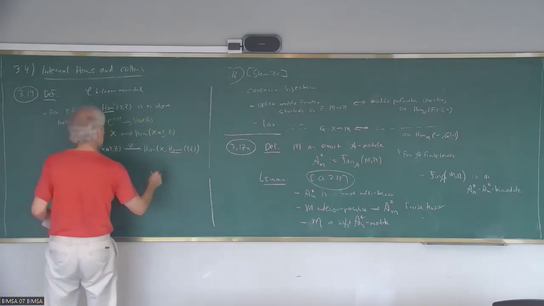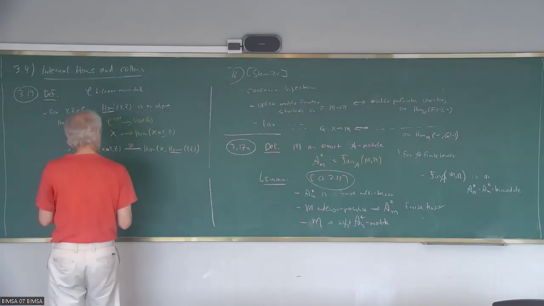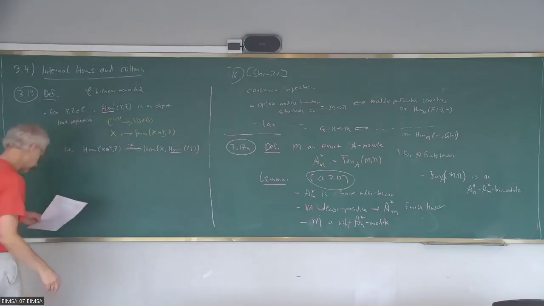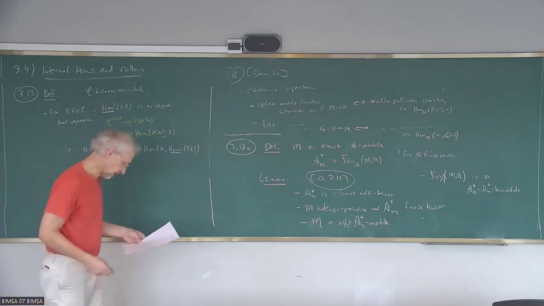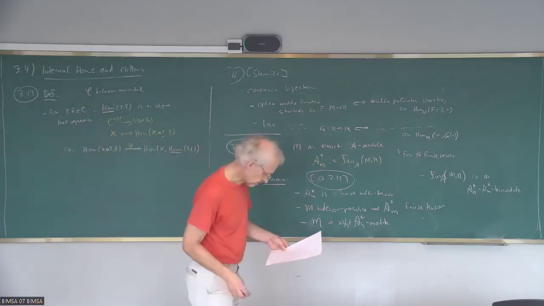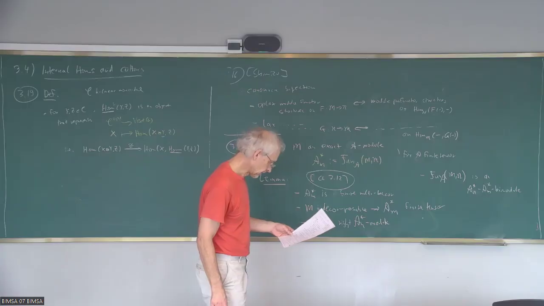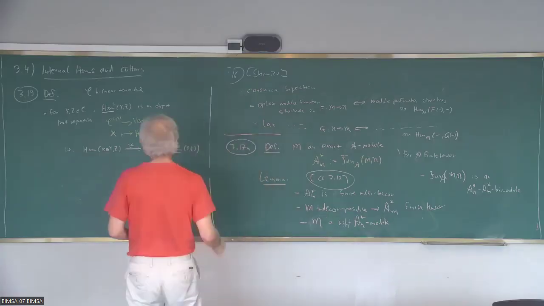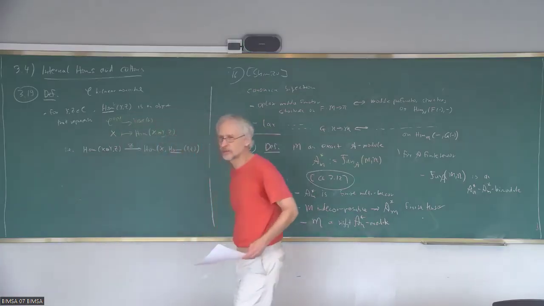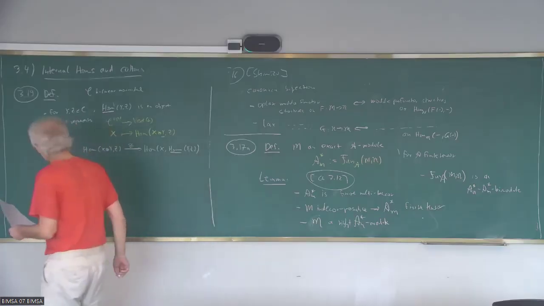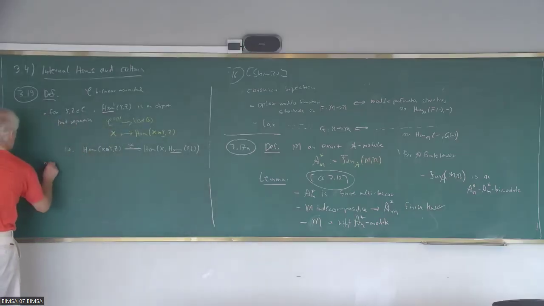So in that case, you have Y here and you have X on this side. The necessary condition, in general, of course, internal Homs need not exist. The necessary condition is that the tensor product is right exact.